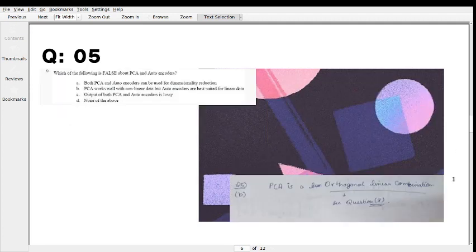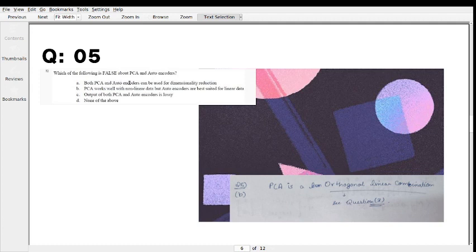In question 5, it is asking which of the following is false for PCA and autoencoders. The first option is that both PCA and autoencoders can be used for dimensionality reduction. Yes, both are used for dimensionality reduction.